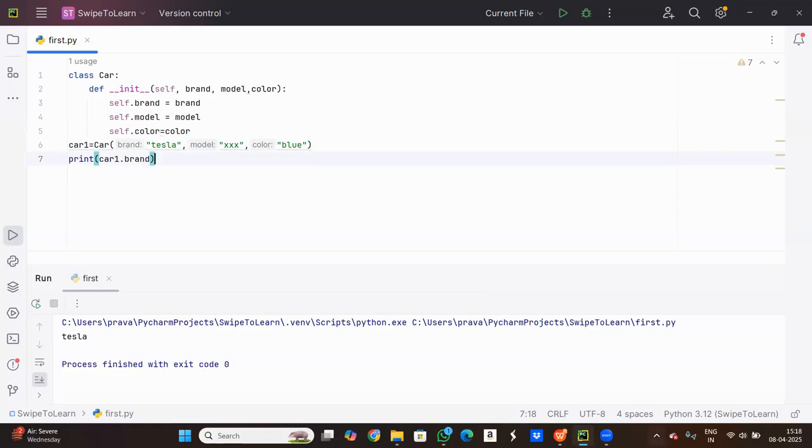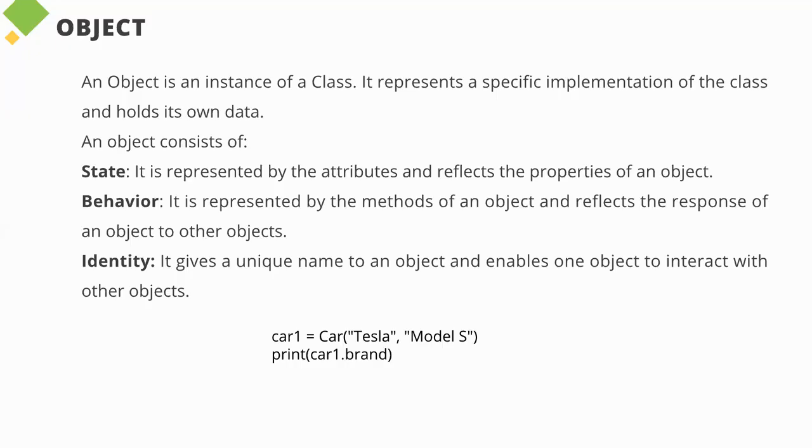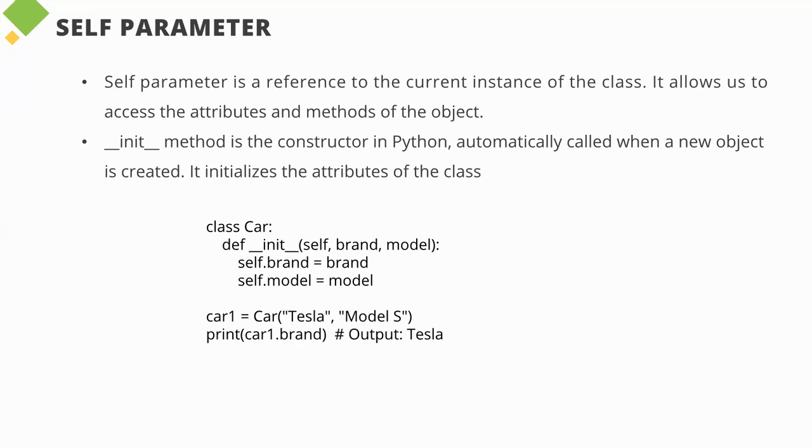Okay, let's get back. You're done with your class and you're done with your object. Now, did you wonder what self is here? Self is a parameter. It just refers to the current instance of the class, so it allows us to access the attributes and methods. Self just tells that this is my class.